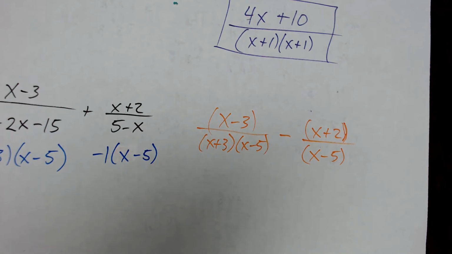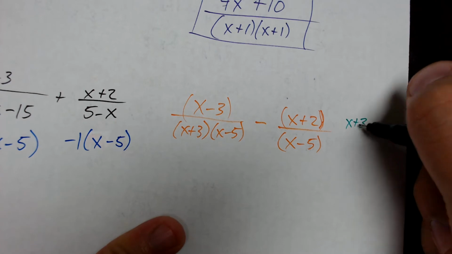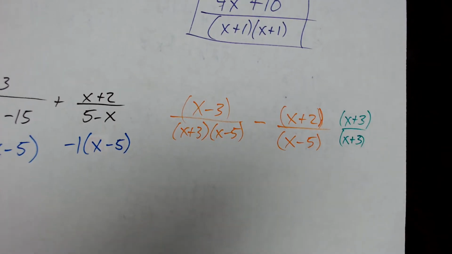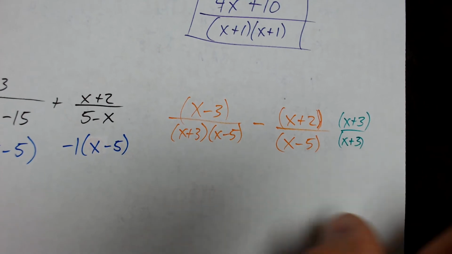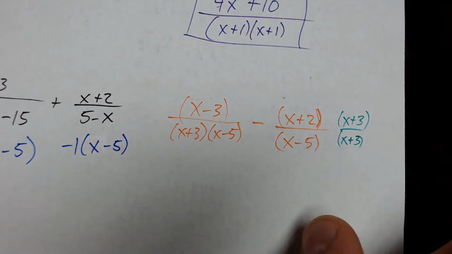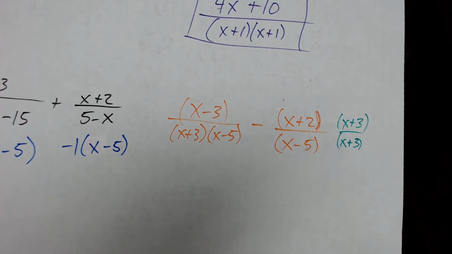So now let's go ahead and find our common denominator, which means we're going to have to multiply this right side by x plus 3. So we multiply x plus 3 on the numerator and the denominator, which is just the number 1. That's going to make the denominator x plus 3 times parentheses x minus 5. Now for the numerator, we're going to have to FOIL.